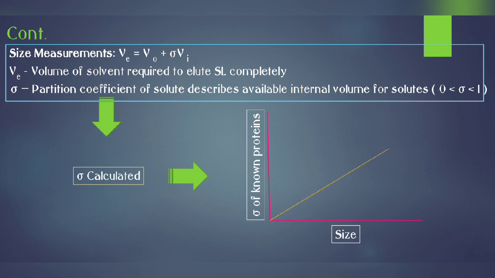The partition coefficient ranges from 0 to 1. We plot the partition coefficient of known proteins against their size in a standard plot, and then place the partition coefficient of the unknown protein on it. That way we can find the size of our protein, just like we calculate unknown protein concentration using the Bradford assay.